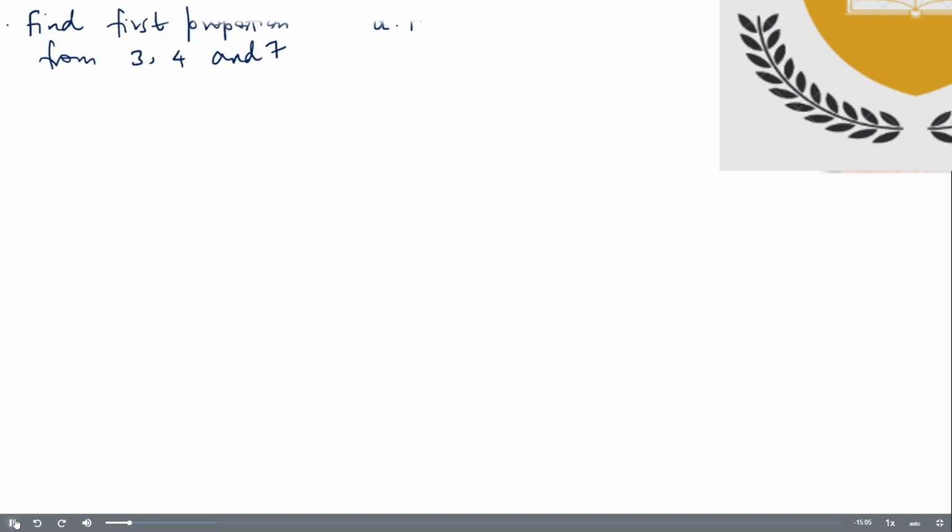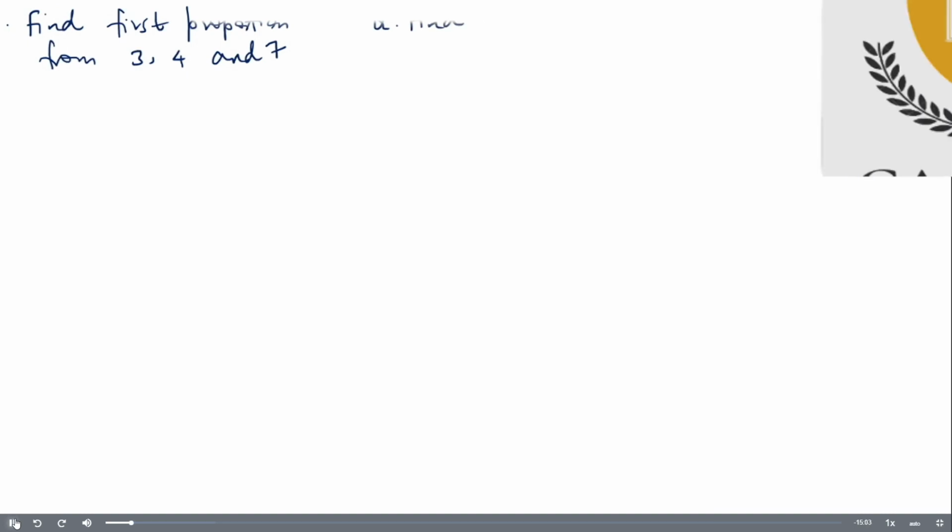One more question. Parallelly, let's do both. Find the first proportion from 5 and 7. Okay, so they're asking you to find out the first proportion in both cases.